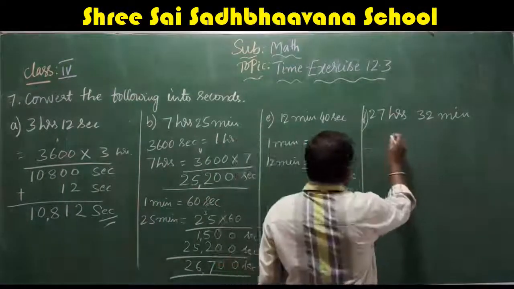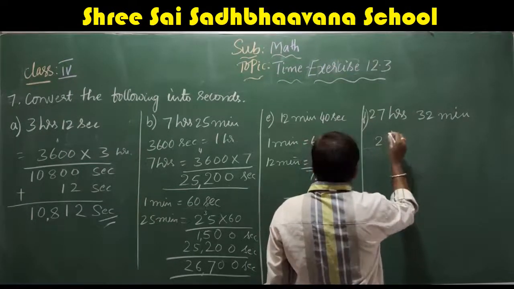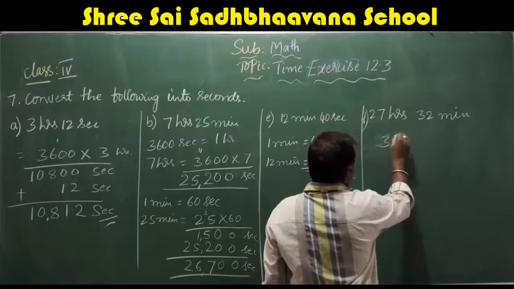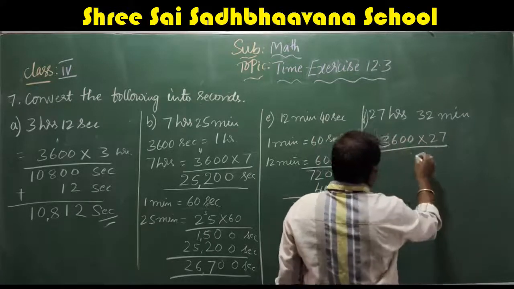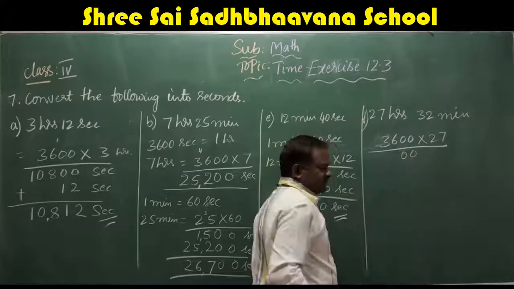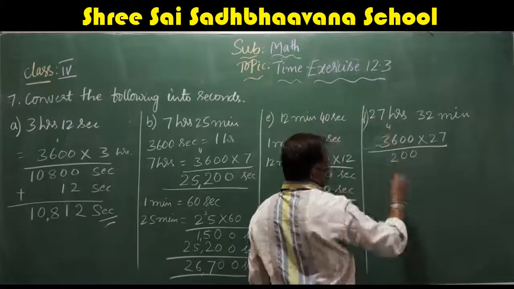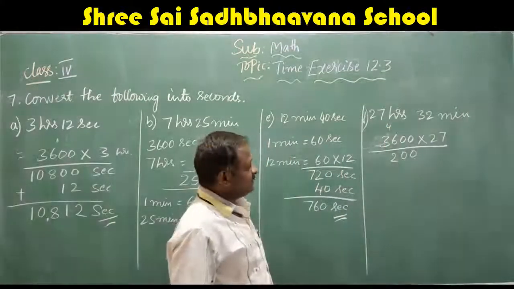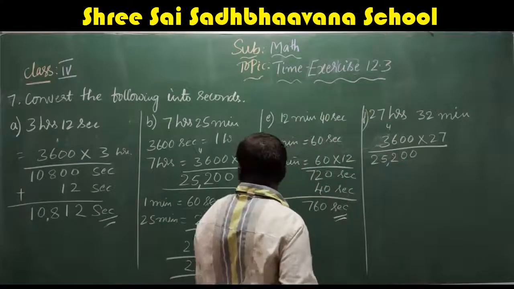Come to here, 27 hours 32 minutes, same as the second problem. First convert 27 hours into seconds. So 27 into 3600, or we multiply 3600 into 27. 7 zeros are 0, 7 zeros are 0, 7 sixes are 42, carry 4, 7 threes are 21 plus 4, 25. 25,200.